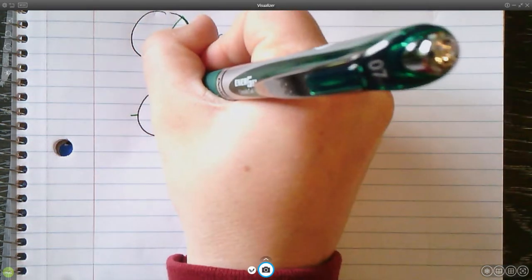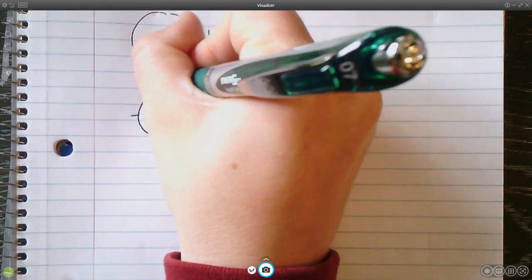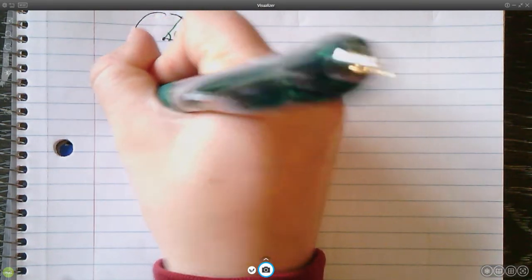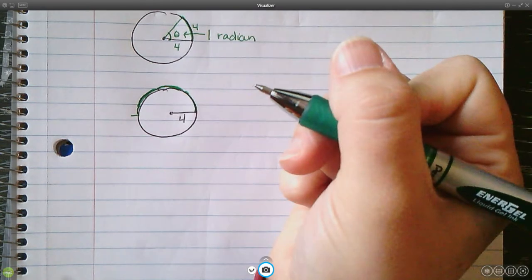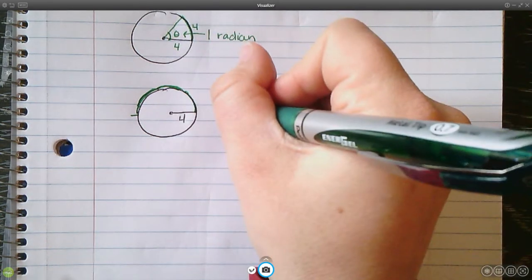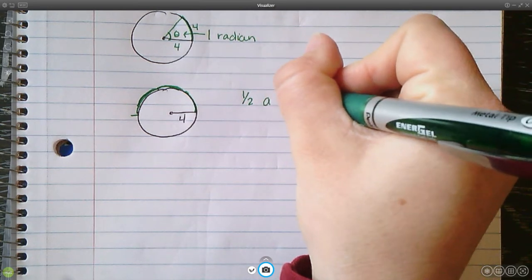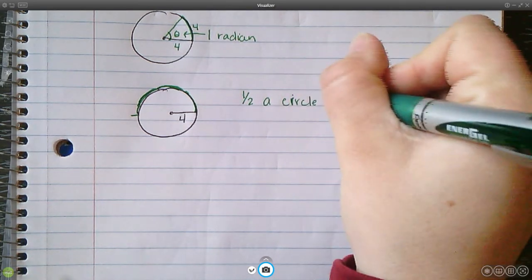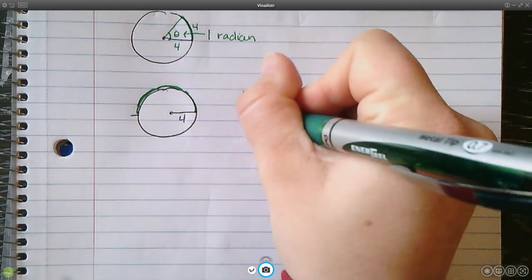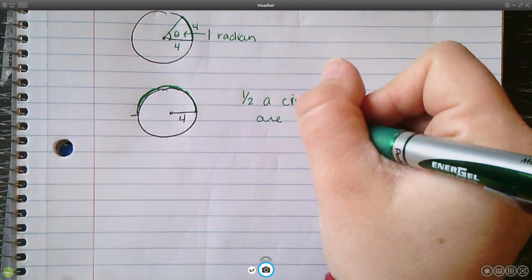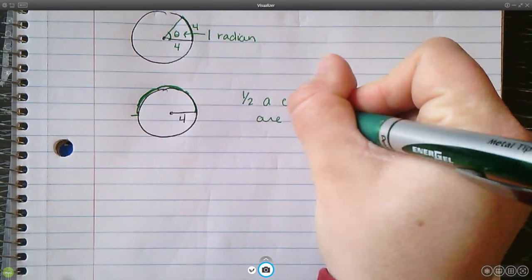So here's 1. Here's 2. Here's 3. And then just a little more. So in half a circle, there are how many radians? Oh, a little more than 3, which is also known as pi.